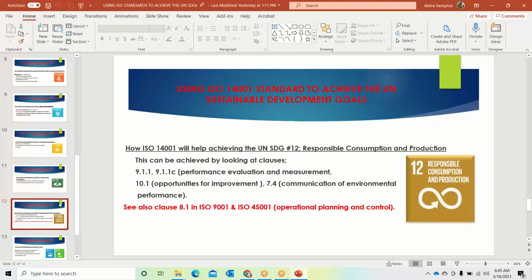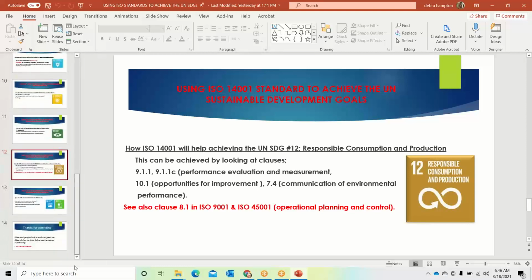So if the organization is able to carry out this performance evaluation based on their activities or processes, at the same time, they will be in one way or the other fulfilling this United Nations Sustainable Development Goal number 12.